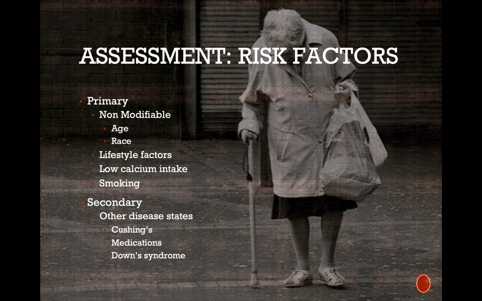Those things that we're talking about, age, gender, race, are things that we can't really change, those non-modifiable risk factors, but they can help us identify perhaps who we need to be screening for osteoporosis. Now, there are some lifestyle factors that we can take into consideration as well.